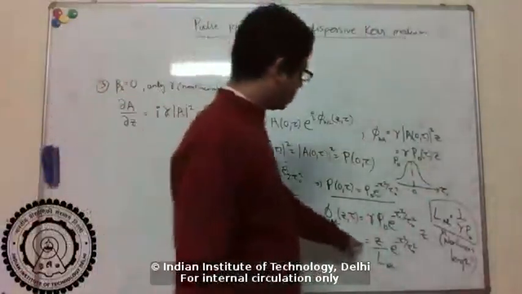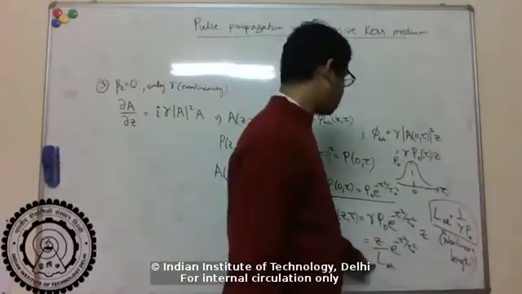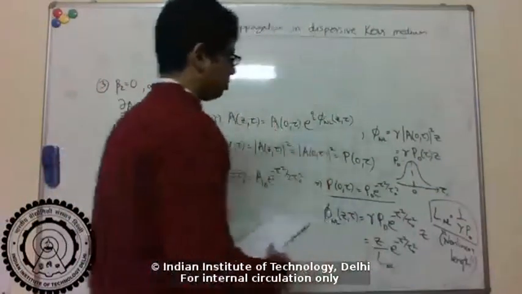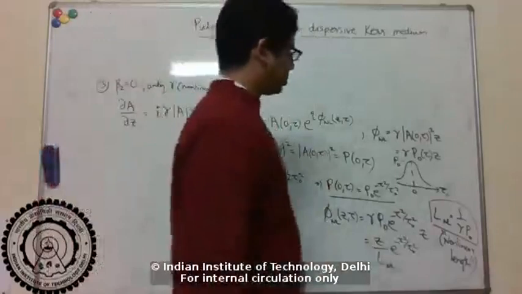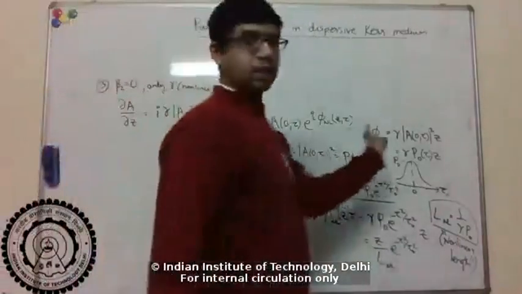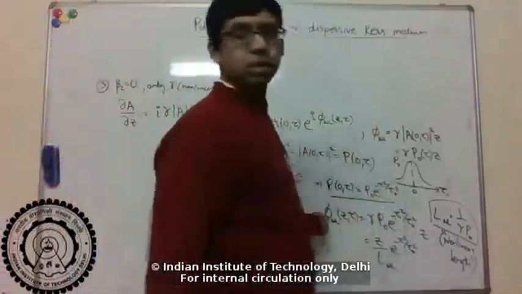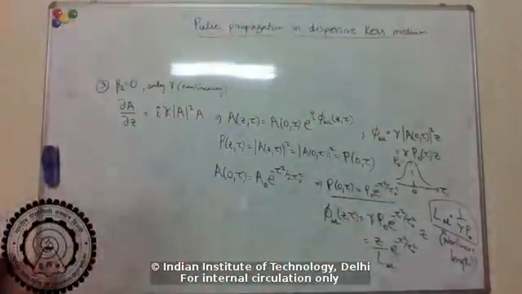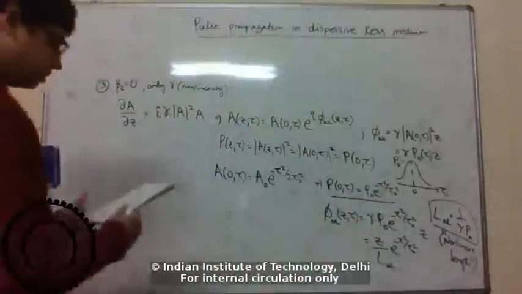So you can see that the nonlinear phase goes as Z over L_NL, which means, again, if the pulse propagates one nonlinear length in the medium, then it acquires 1 radian of nonlinear phase.